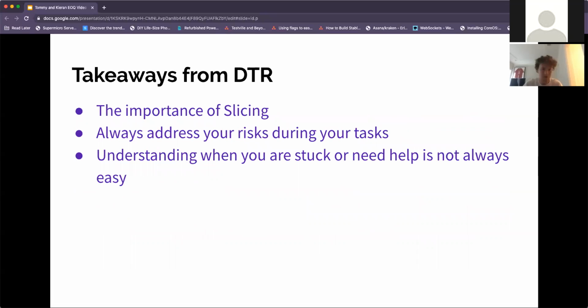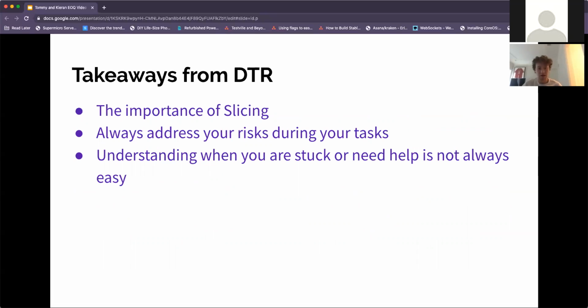Some of our takeaways from DTR this quarter were the importance of slicing your work, not doing the least valuable thing but taking the most valuable thing and putting it into more reasonably sized tasks, and always addressing our risks during our tasks and allowing that to guide our workflow.